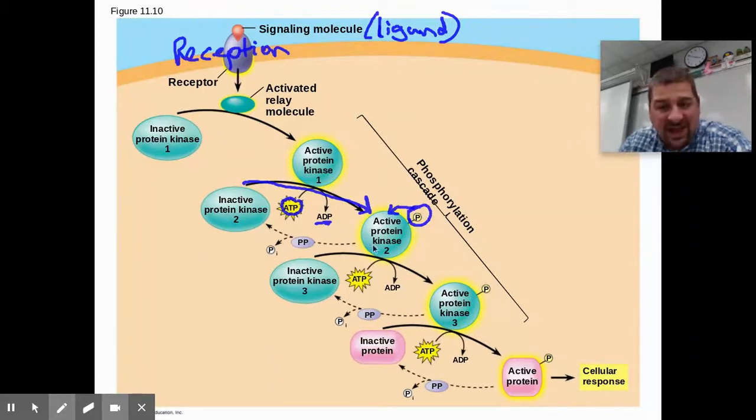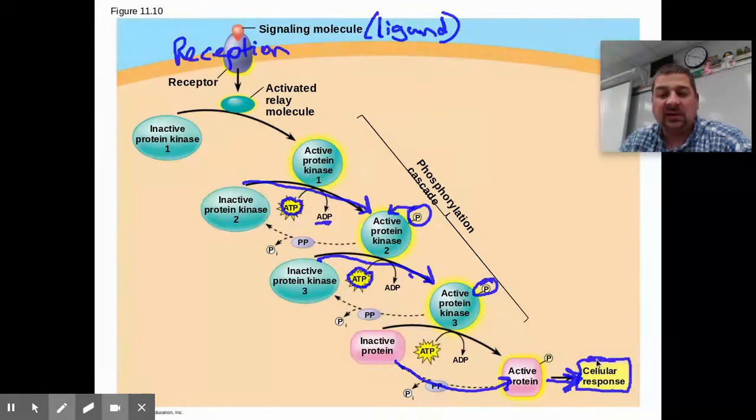Now, once that is active, it's going to take another ATP and add that phosphate to the next step, or the third step, in our transduction pathway. And on we go until we activate some sort of protein, or it might be a transcription factor or something like that, that can trigger a cellular response. We'll get into the cellular responses in part 5 in the next video.